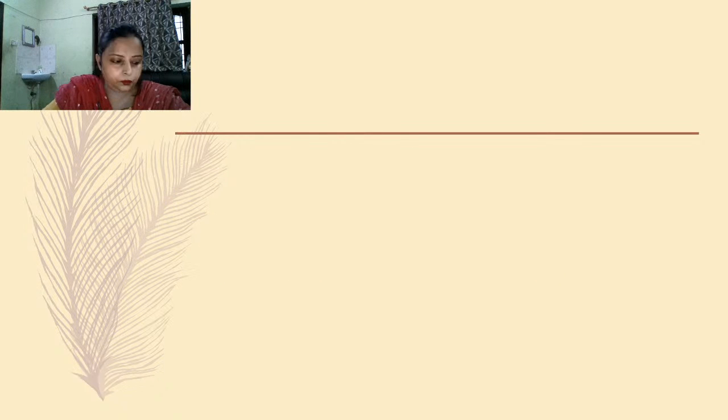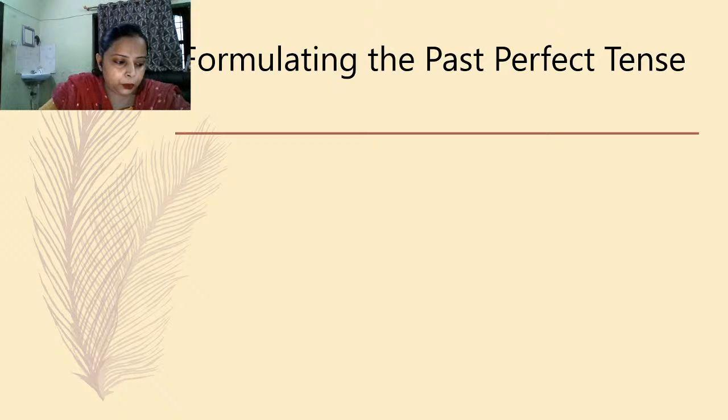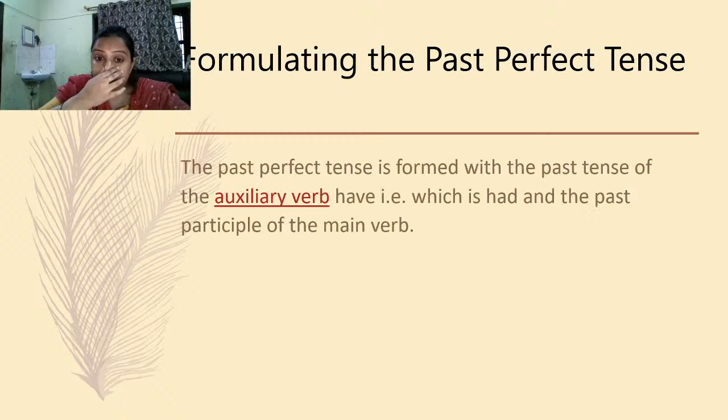Now, how to formulate the past perfect tense? The past perfect tense is formed with the past tense of the auxiliary verb. In the previous class, when I was teaching you the present tense, I taught you about the auxiliary verb.